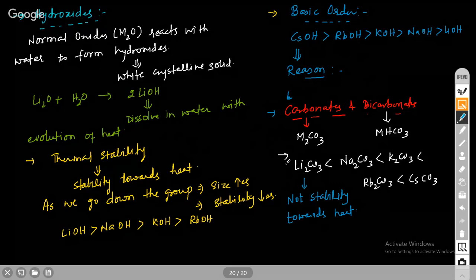This strong polarizing action weakens the carbon oxygen bond of CO3 2 minus ion, and hence the bond dissociates.